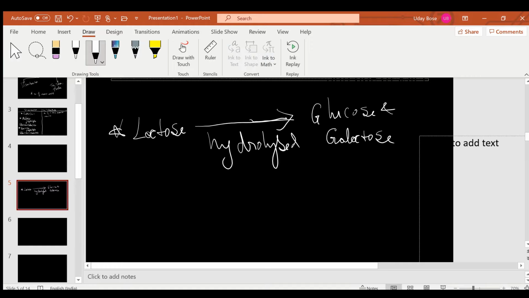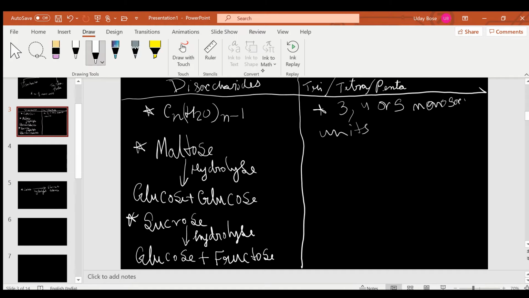Again, in disaccharides the general formula is Cn(H2O)n-1, and some of the important examples are maltose, sucrose and lactose.